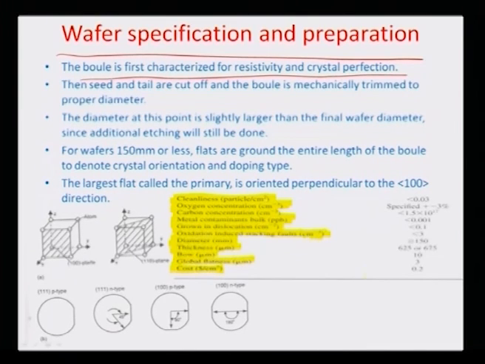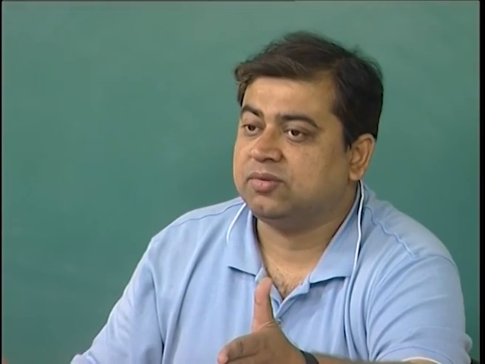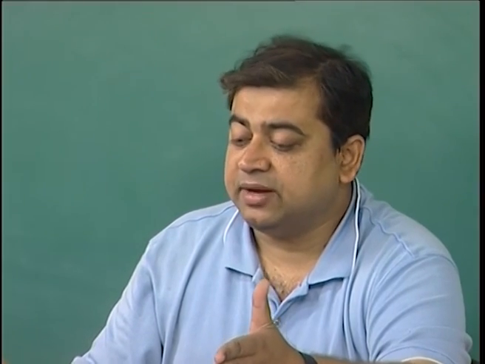These are all indicated in a wafer box which comes from such a manufacturer or a foundry of silicon. So, these are some of the specifications which normally the manufacturer supplies, and with this specification and the direction of the flat, one can characterize the wafer very well.